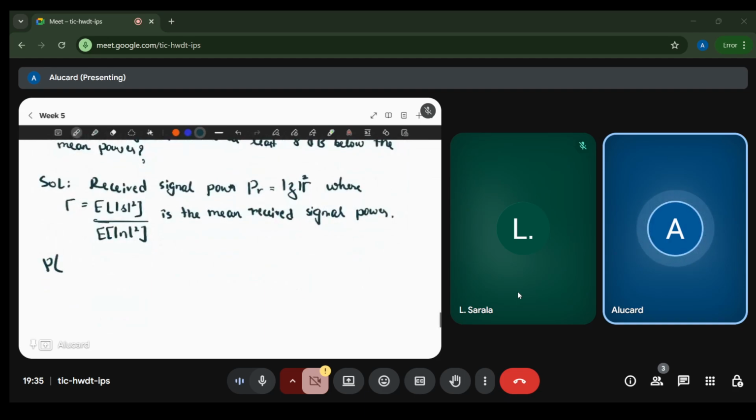What you want to find is the probability that PR is 8 dB lesser than that.